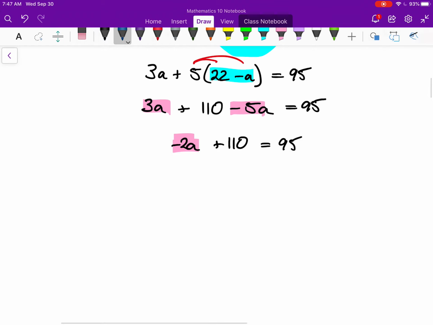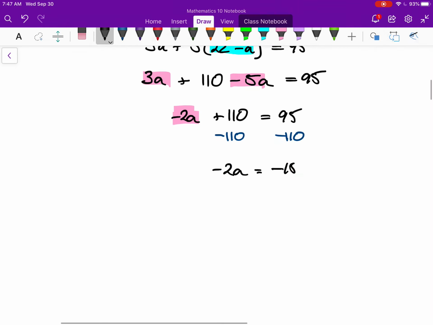Then I'm going to subtract 110 from both sides. So I got negative 2a equals 95 minus 110 is negative 15. And finally, to figure out just a, I need to divide both sides by not 2, but negative 2. And so on the right-hand side, negative 15 divided by negative 2 is a positive number. 15 divided by 2 is 7.5, or 15 halves, but I'll go with 7.5.